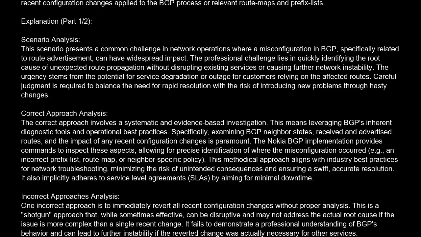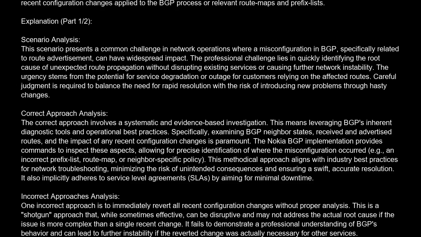The Nokia BGP implementation provides commands to inspect these aspects, allowing for precise identification of where the misconfiguration occurred, e.g., an incorrect prefix list, route map, or neighbor-specific policy. This methodical approach aligns with industry best practices for network troubleshooting, minimizing the risk of unintended consequences and ensuring a swift, accurate resolution. It also implicitly adheres to service-level agreements, SLAs, by aiming for minimal downtime.